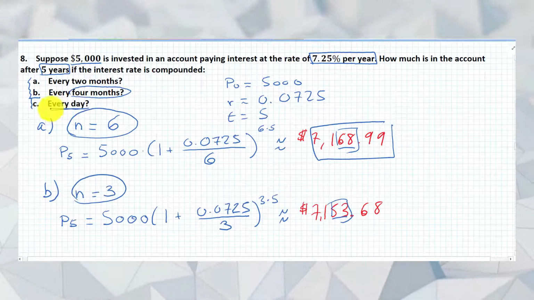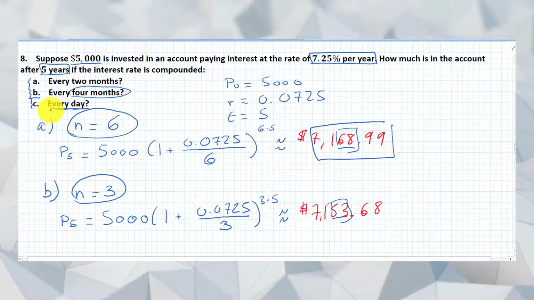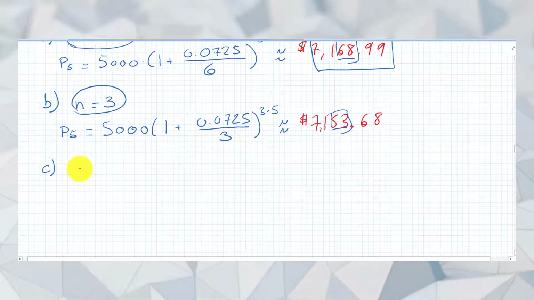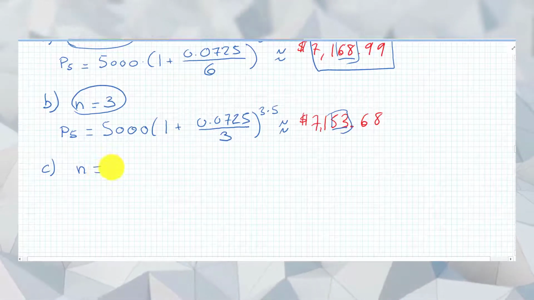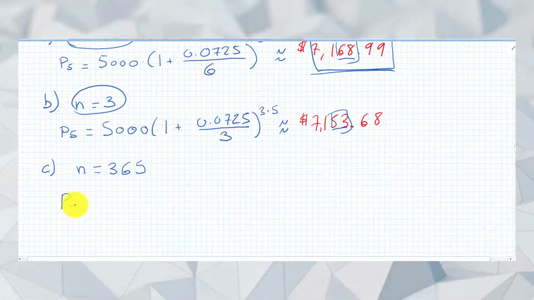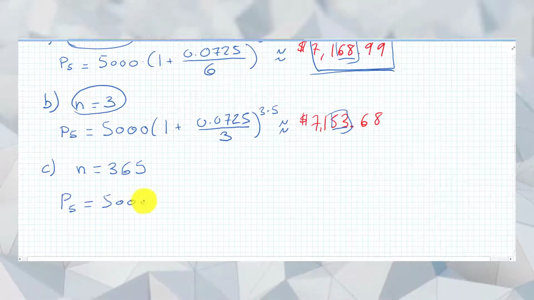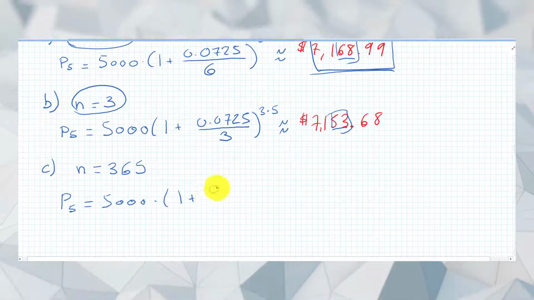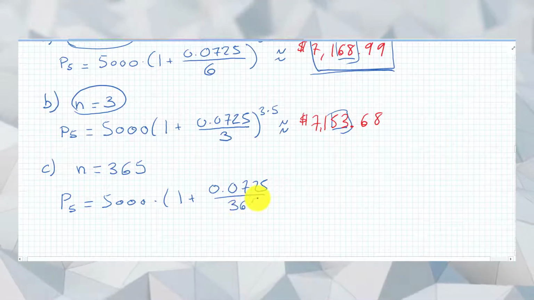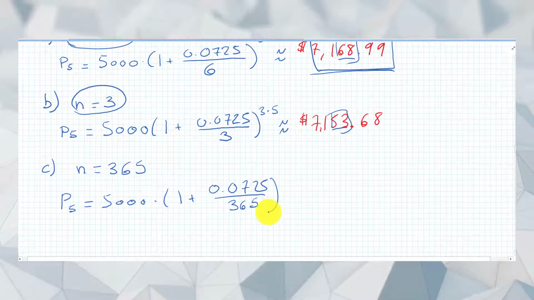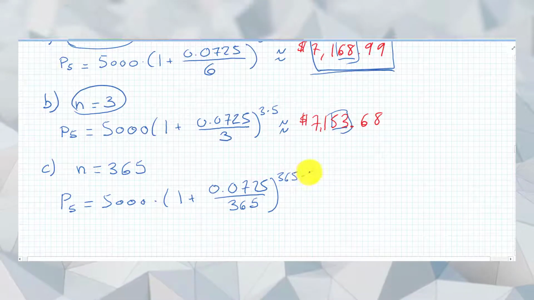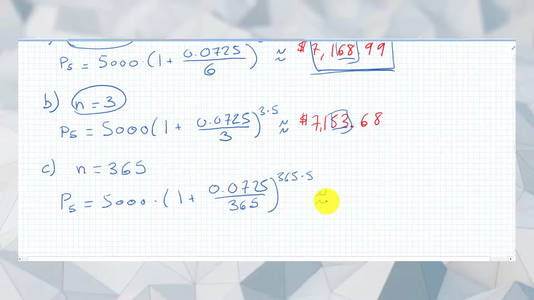What about the third case? I'm compounding every day. So how many days in a year? Well, let's just take a regular year with 365 days. So in this case, the formula becomes 5,000 times 1 plus 7.25%, divided by 365 days in a year, so 365 compounding periods in a year, times 5 because we want it after 5 years.